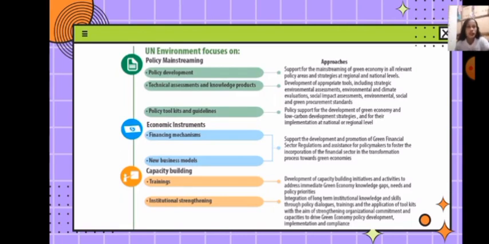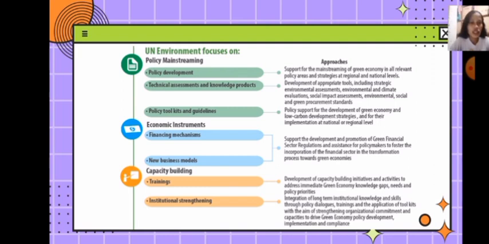So these are the approaches or terms that the UN Environment focuses on. So first is policy mainstreaming, under policy development, where the approach is to support the mainstreaming of green economy in all relevant policy areas and strategies at regional and national levels.